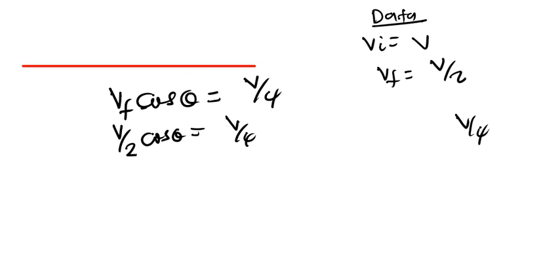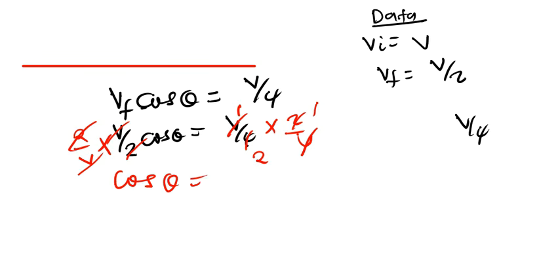Now the question is, we need to find the angle, theta. So how do we find theta? I'm going to multiply by the reciprocal of this, which is 2 over v, on both sides. This and that will go, this and that will go. So 2 there, 2 there, then v will go, then I have 1 on top. So I've got cos theta equal to 1 over 2.